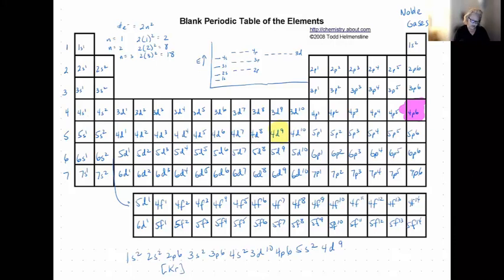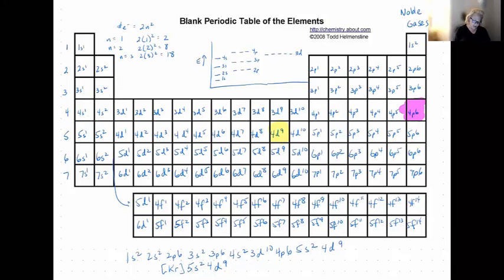And then I just start from where krypton leaves off. So here's krypton. So I just do the S's and the D's. So I just do, what is it, 5s2 and 4d9. And so that is the shorthand electron configuration. So that's obviously a lot easier to do. But you need the periodic table to do that.